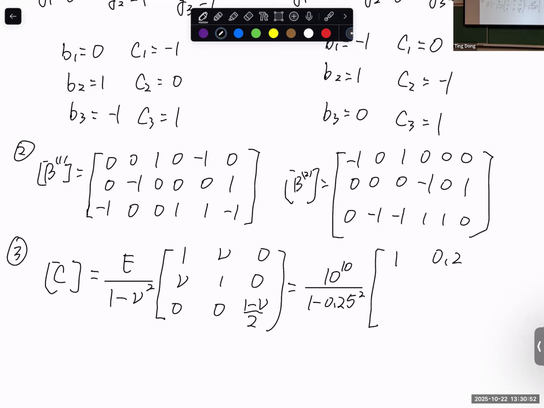One, 0.25, one minus 0.25. So this is the C matrix.